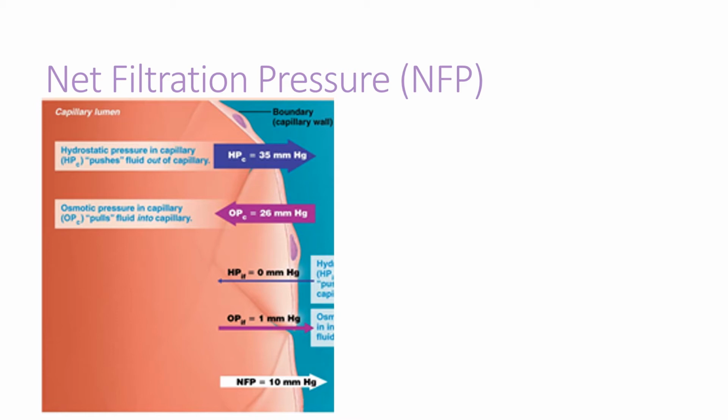That's 35 millimeters of mercury pushing out from the capillary. The osmotic pressure pulling into the capillary measures about 25 to 26 millimeters of mercury. That means that there is about a 10 millimeters of mercury difference, causing a net outward movement of fluid on the arterial end.